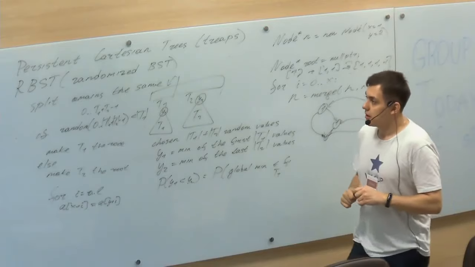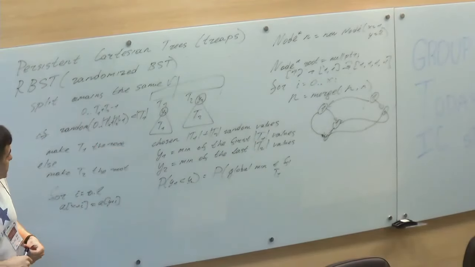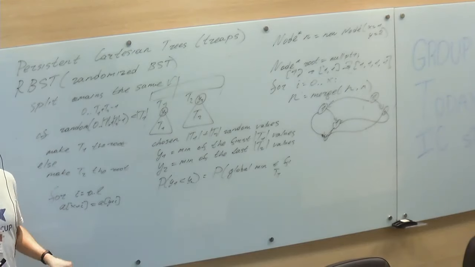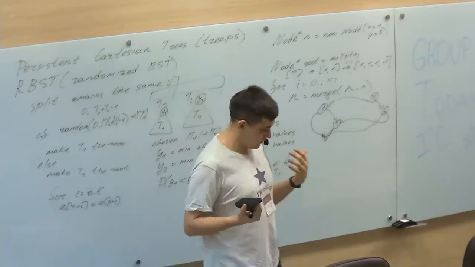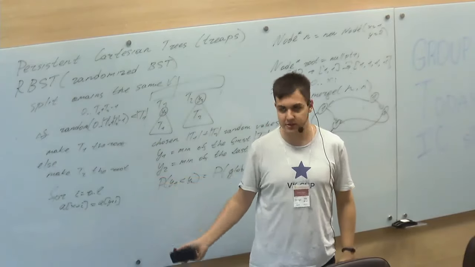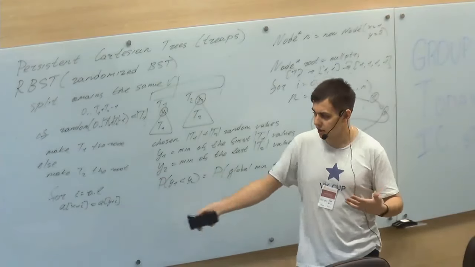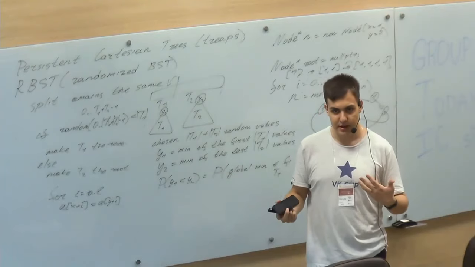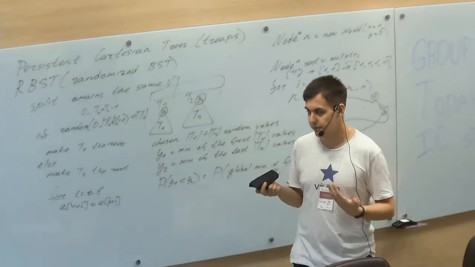Okay, and the last thing I would like to talk about is dealing with memory. As I said, you usually only keep the last version of the persistent Cartesian tree, so you use it to store a sequence with this kind of operations, and still the memory overhead is very large.